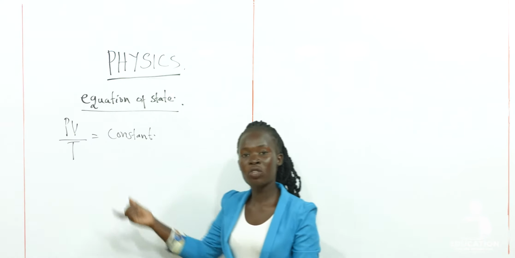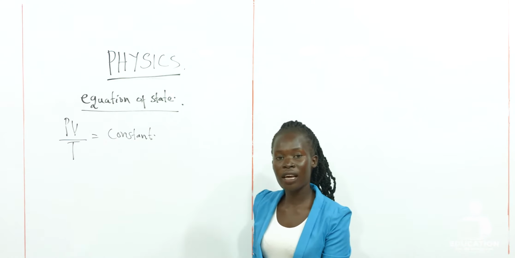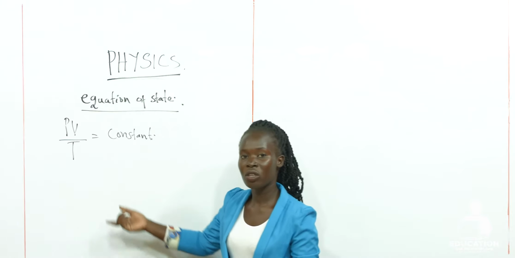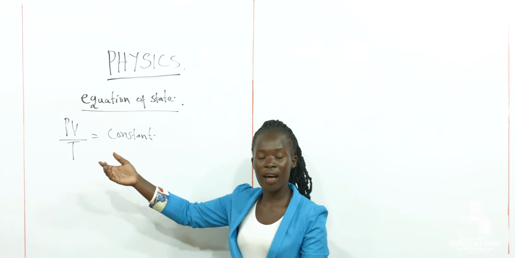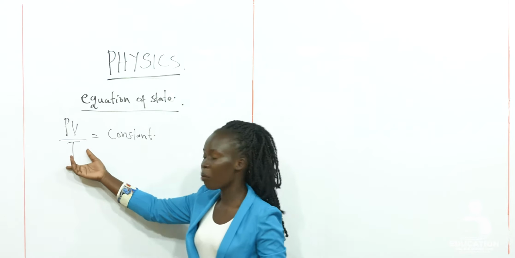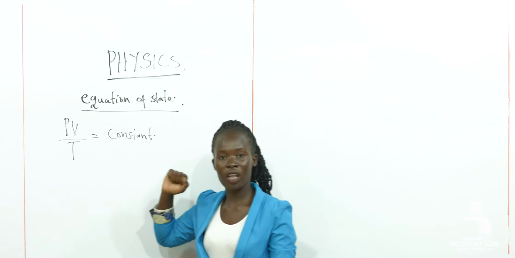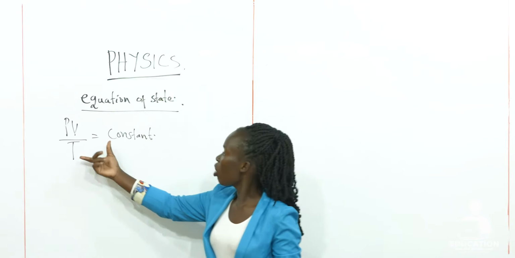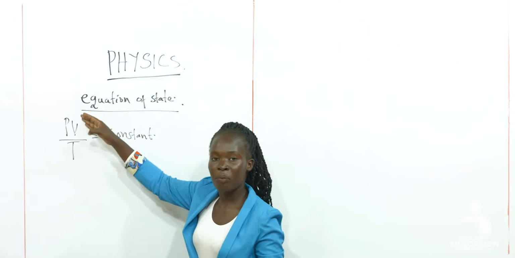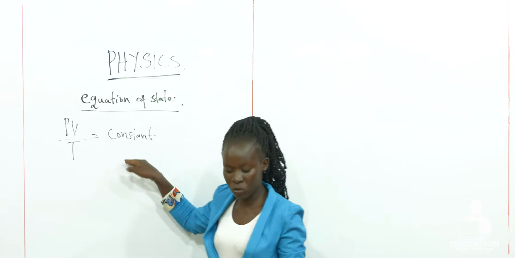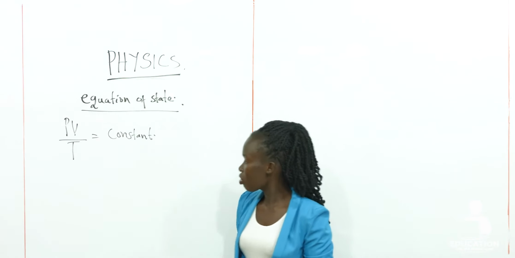Charles' law is telling us that when the pressure is kept constant, the volume and the temperature are proportional to each other. So you see all the three have been combined in a simple formula, which is PV over T equals a constant.